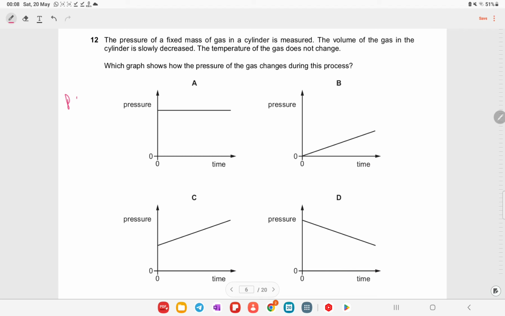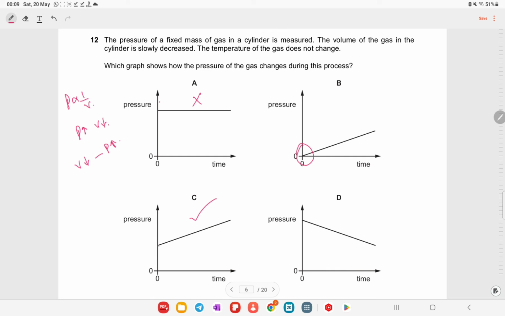We have studied that pressure and volume are inversely proportional. So when you increase the pressure, volume will decrease. Over here the volume is decreased, so obviously the pressure will increase. So this is not possible. Option B is again not possible, because initially there would be some pressure, but this has zero pressure. So again it's not possible.